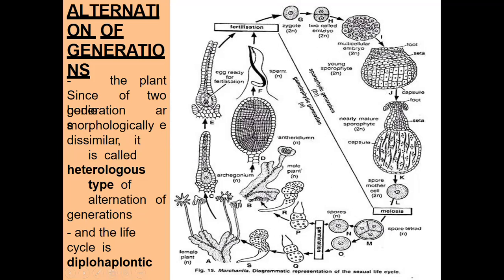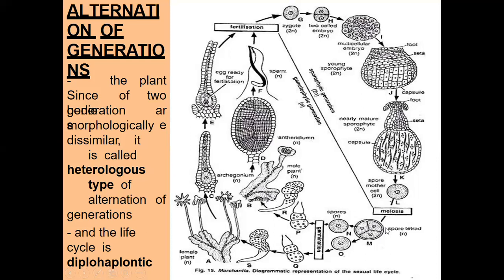This zygote undergoes several repeated divisions and forms the sporophytic tissue, which we call the sporophyte, a globose structure which is dependent on the gametophyte. From the sporophyte, spores are released by reduction division. There are many spores.